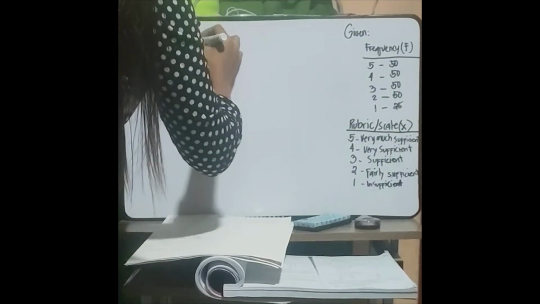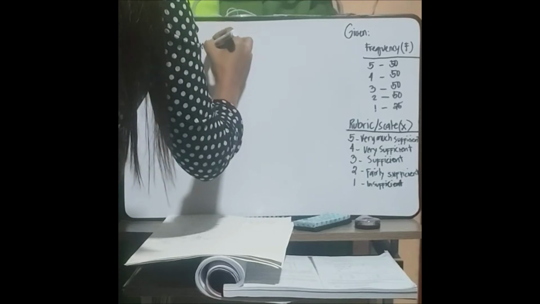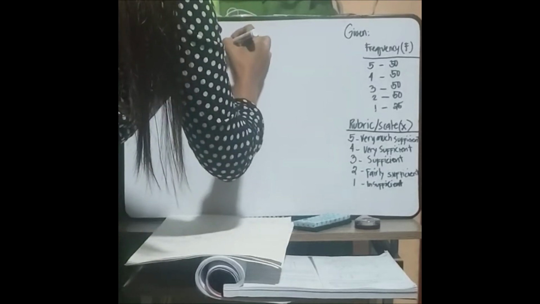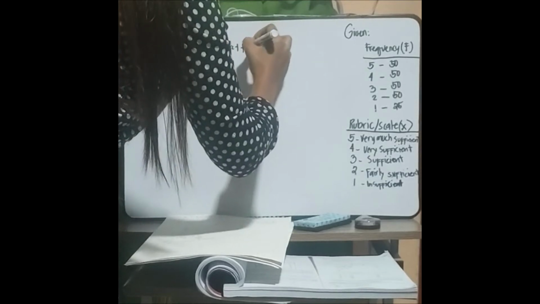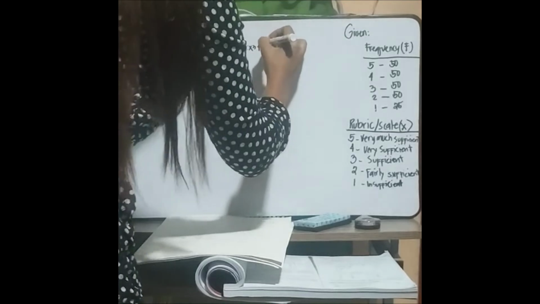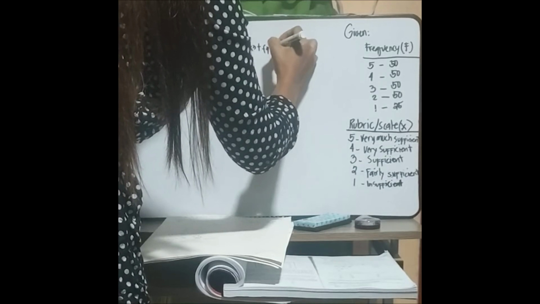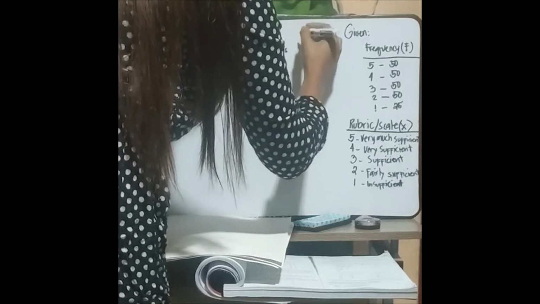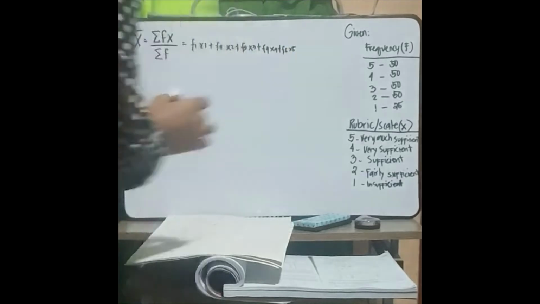So we have f sub 1 of x sub 1, f sub 2 of x sub 2, f sub 3 of x sub 3, and so on, f sub 4 of x sub 4, and f sub 5 of x sub 5.